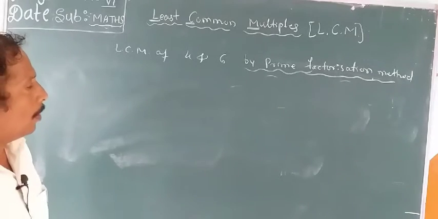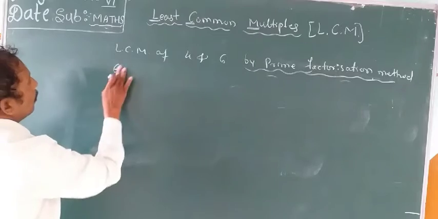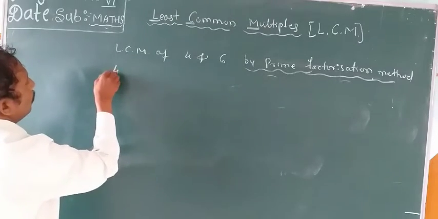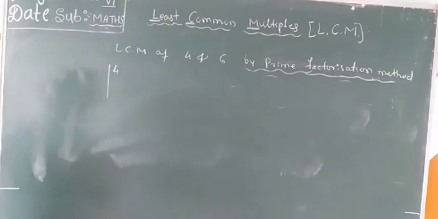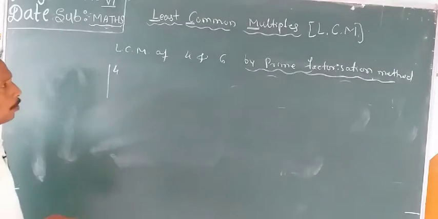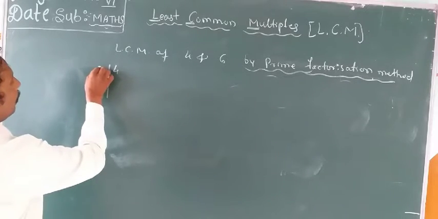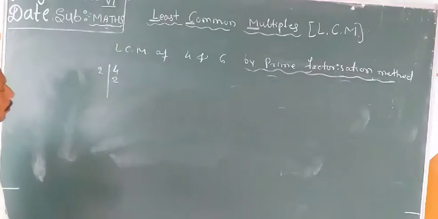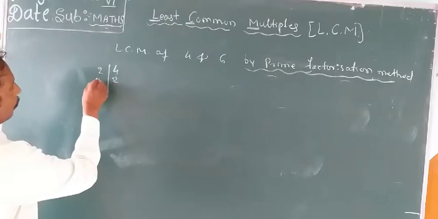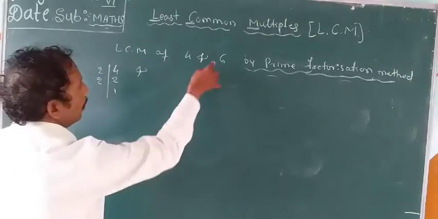Take the first number. First number is 4. Find its prime factors by dividing only by prime numbers. Divide 4 by first prime number 2. 2 2s are 4. Once again divide this 2 by 2. 2 1s are 2. And similarly, one more given number is 6.